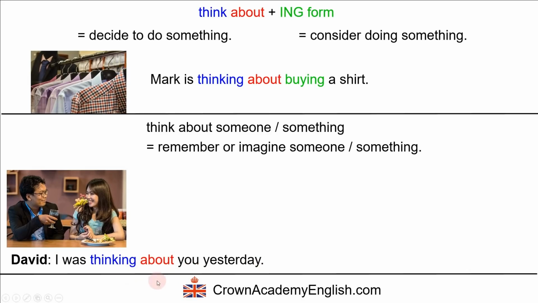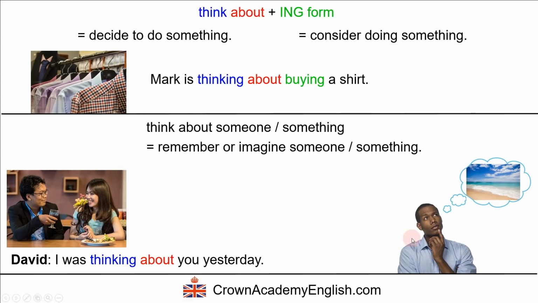You were in my thoughts yesterday. Another example. John is thinking about his summer holiday. So John is imagining his summer holiday. Think about something. Think about someone, you.